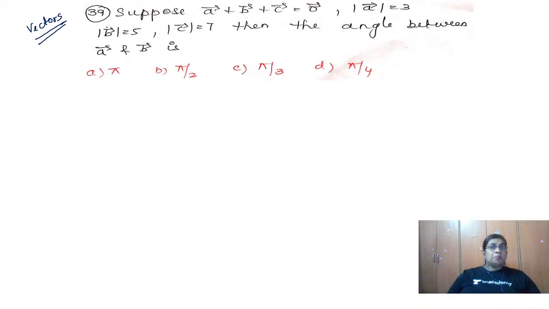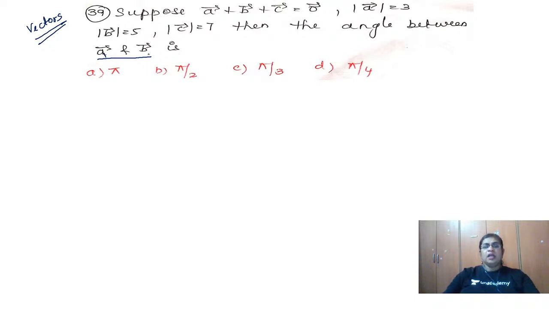That is given. Magnitude of B equal to 5. Magnitude of C equal to 7. Then the angle between A and B is, they've asked me the angle between A and B. I have to be a little careful. I need to understand this concept first.